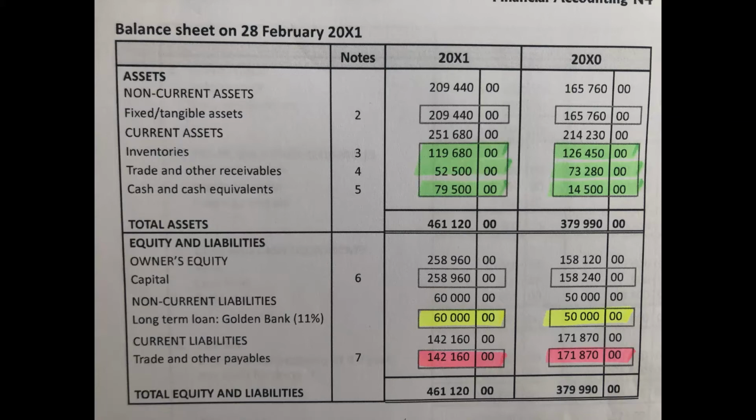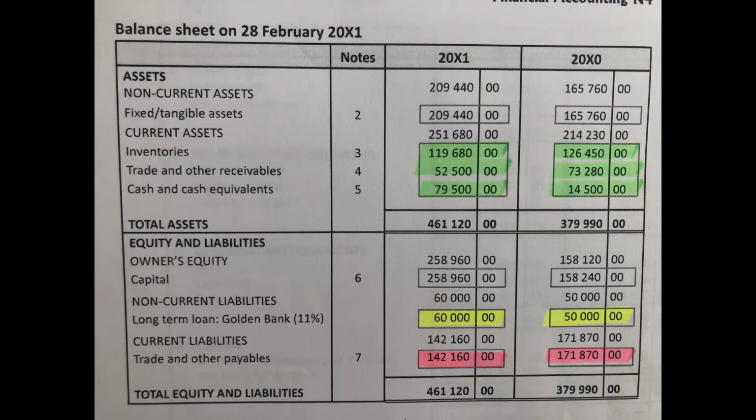And then we get to the third and the last part of the cash flow statement, which is cash effects of financing activities. The first item that we have a look at there is proceeds from long-term loan. Okay, how do we know what that is? Where do we find that?